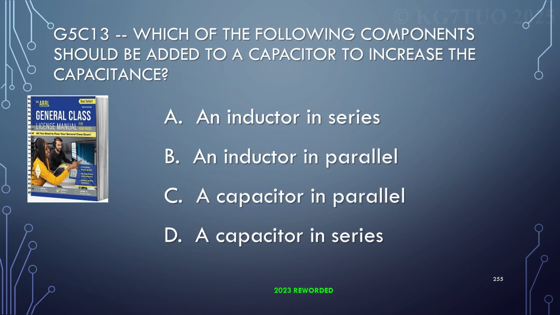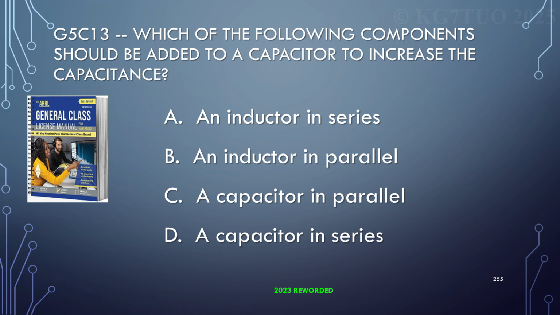Which of the following components should be added to a capacitor to increase the capacitance? An inductor in series, an inductor in parallel, a capacitor in parallel, or a capacitor in series? Can we throw anything out? We want to increase the capacitance of a capacitor. Probably A and B, the inductors.